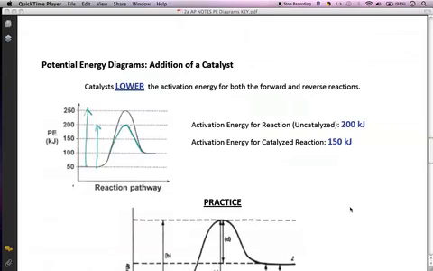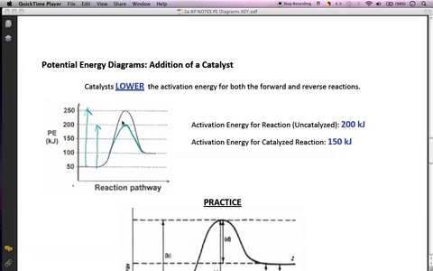Potential energy diagrams, you'll see some questions that involve the addition of a catalyst. You know from yesterday in the videos you watched that catalysts lower the activation energy for both the forward and reverse reactions. So our uncatalyzed reaction, which is the black line that you have on your note packet, is worth 200 kilojoules.